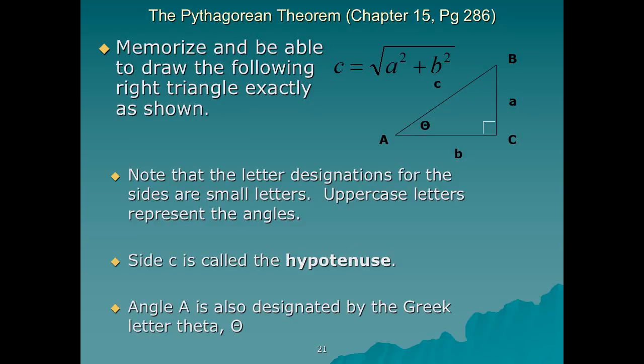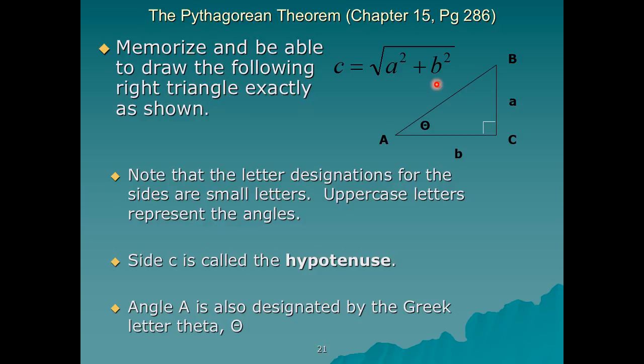But we also have to identify the sides. Since this is the angle C, the opposite side of C is called small c. So all the angles are identified by uppercase letters, and all the sides by lowercase letters.